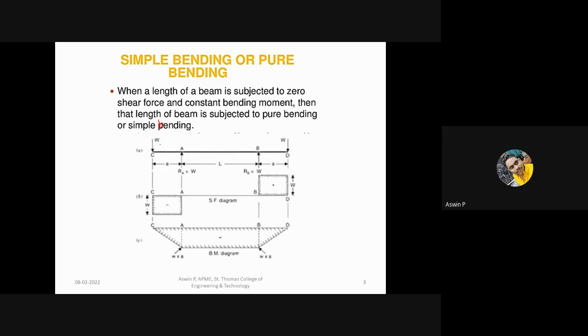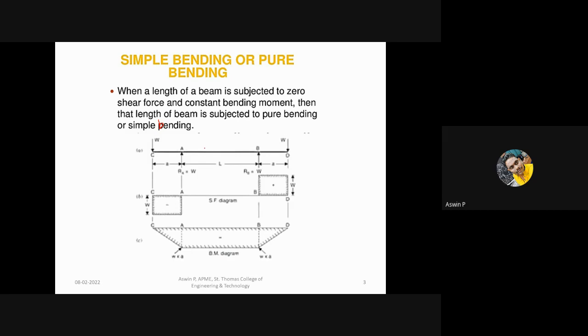Simple bending. For that, I have taken a section AB, overhanging about points C and D. We are applying a load W here, A and B are the supports, and D has another load W equivalent to this value.